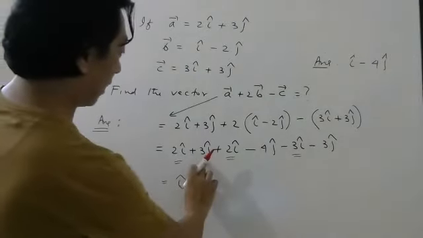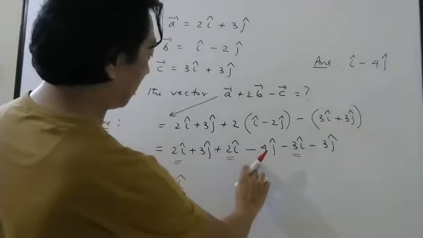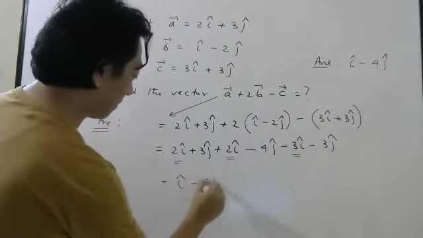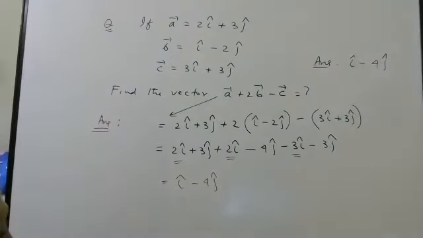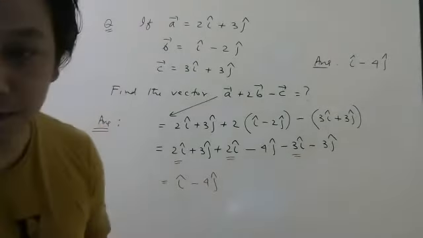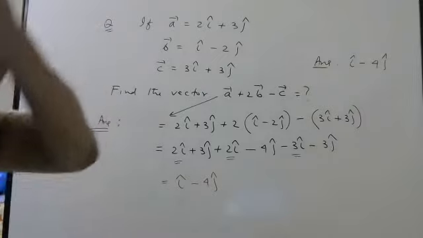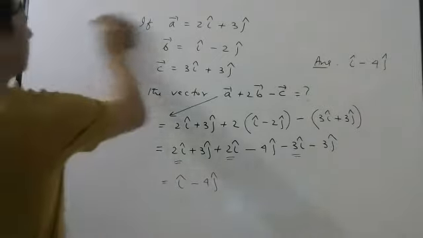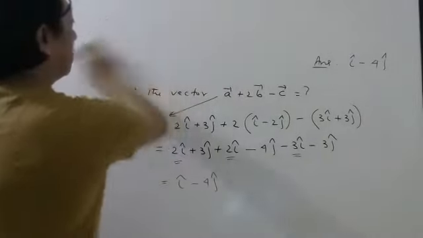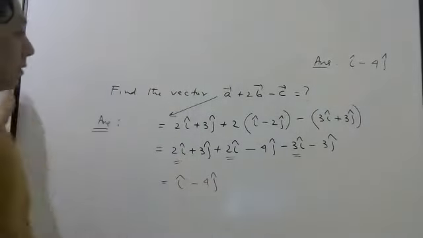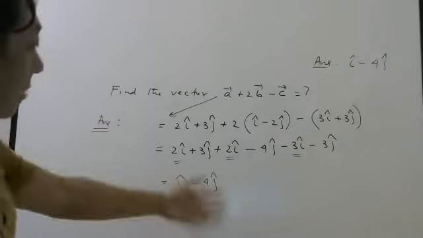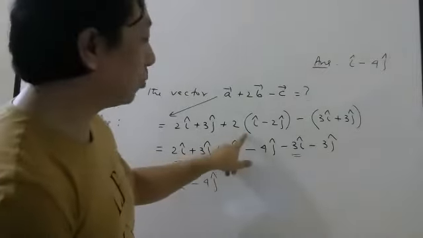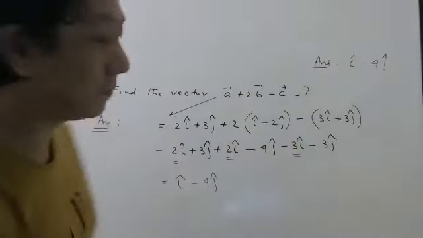And 3j cap minus 4j cap minus 3j cap gives minus 4j cap. Correct only. So everybody can do such problems in the exam. Don't lose 3 marks for simple questions. Those who have not got it, write it down simply. I think the only reason you may not get the right answer is if you forget to put a bracket here or a bracket here.